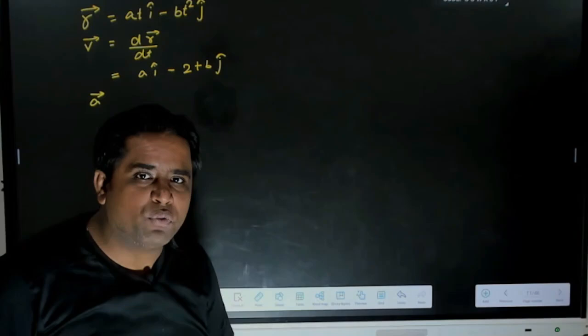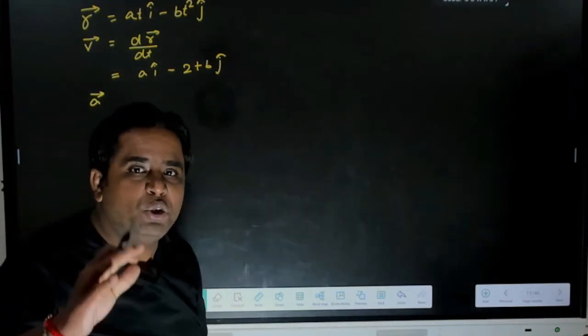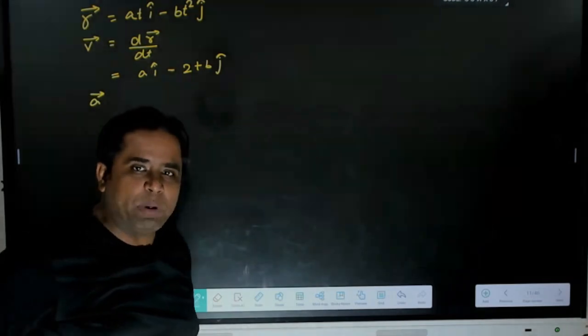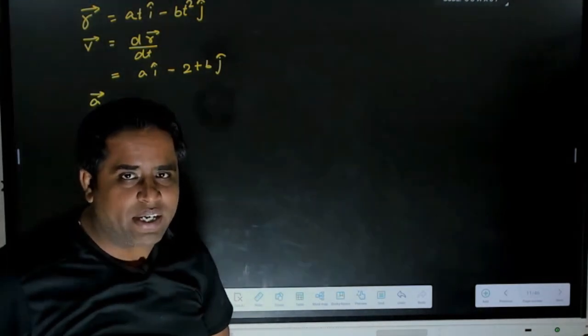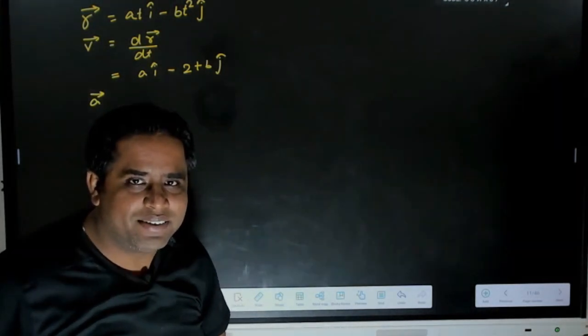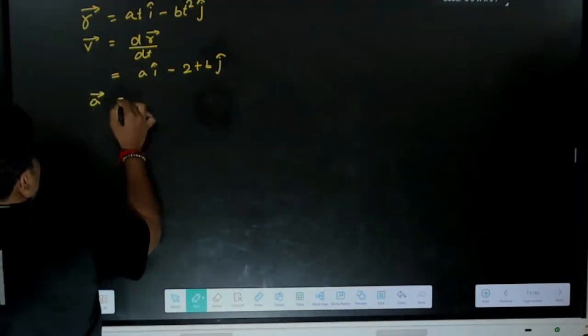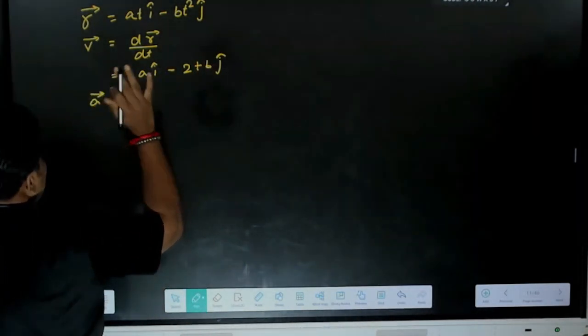Similarly, to find the acceleration vector, you just differentiate this equation with respect to time once again, and you will find the value of the acceleration vector. So easy.